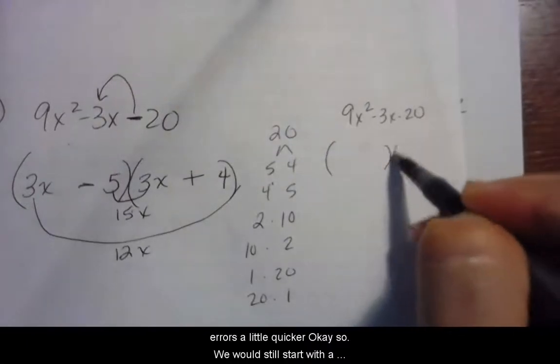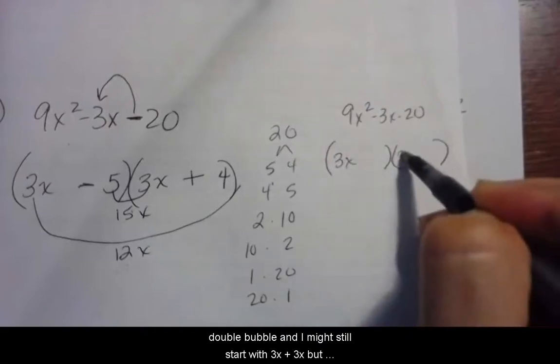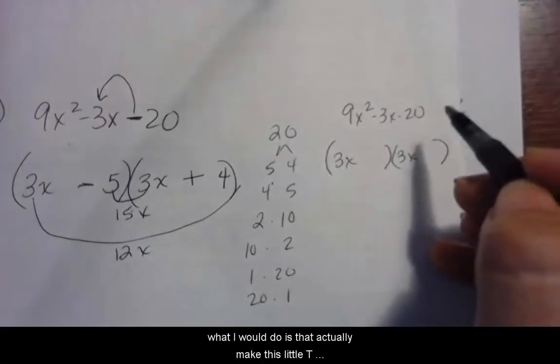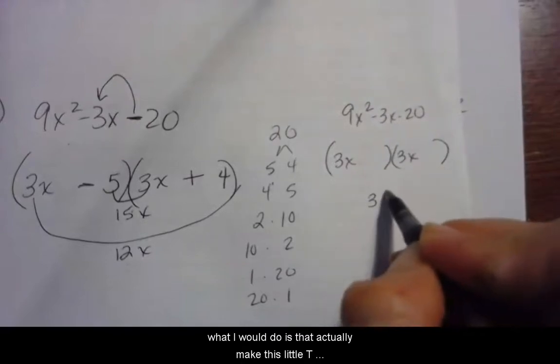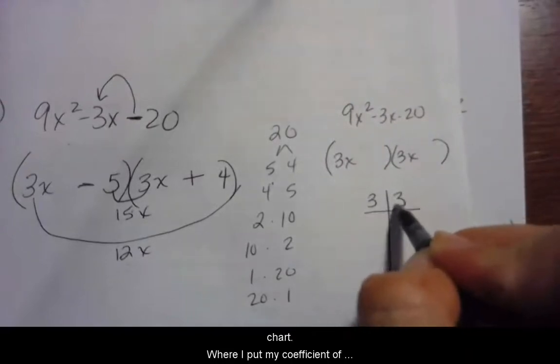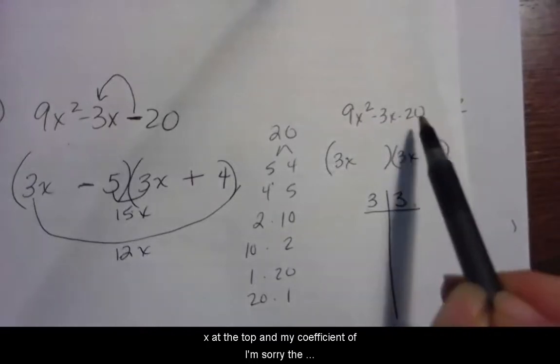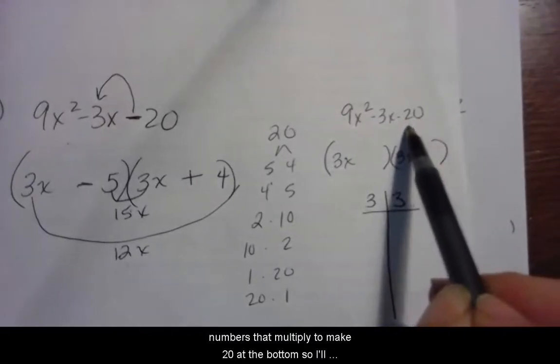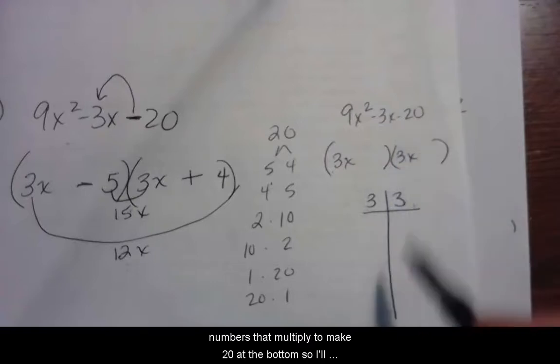We would still start with a double bubble, and I might still start with 3x and 3x. But what I would do is make this little t-chart where I put my coefficients of x at the top and the numbers that multiply to make 20 at the bottom.